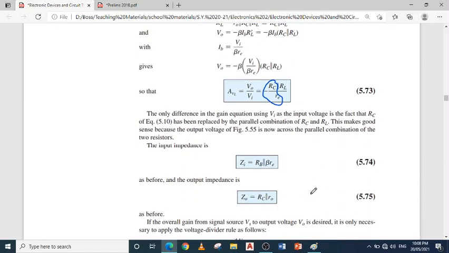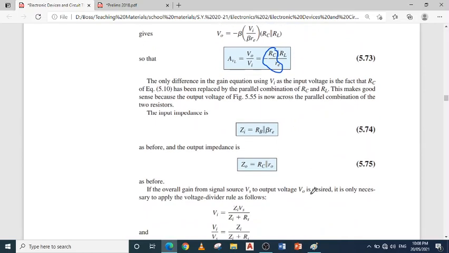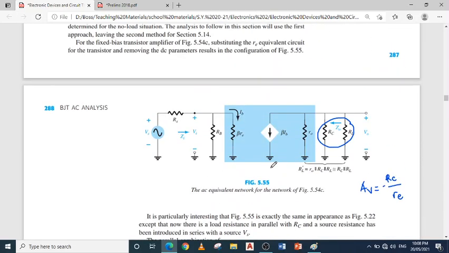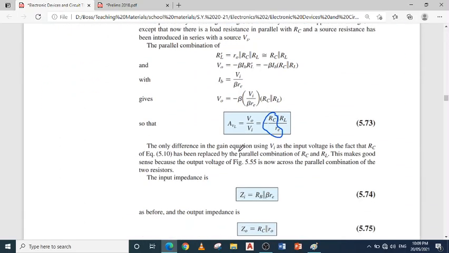And how about the AVS? Our AVS is this. The ZI referred to here is the ZI that we solve here, which is RB in parallel with beta RE.